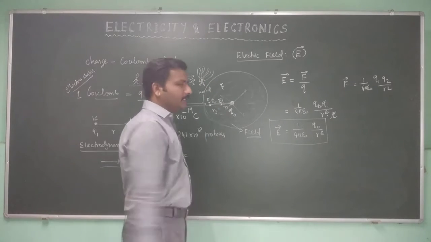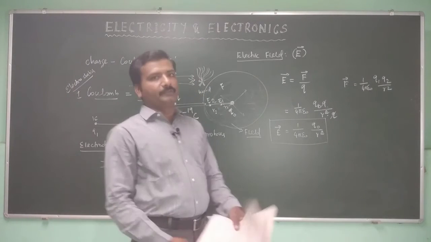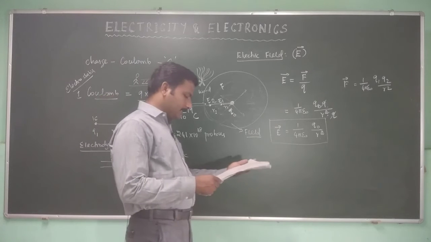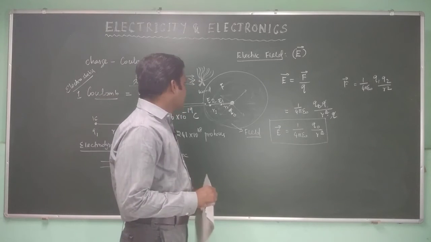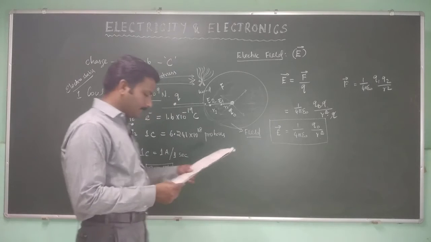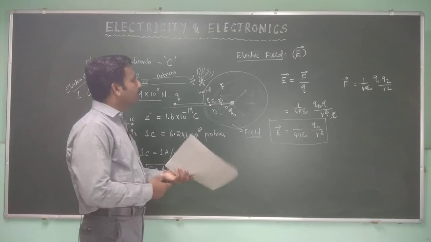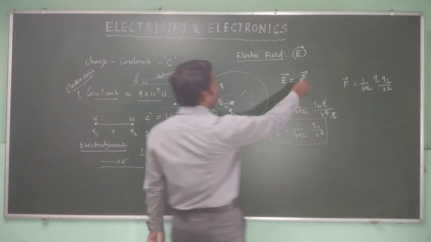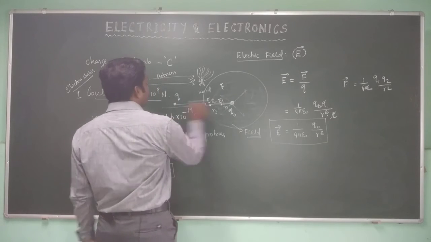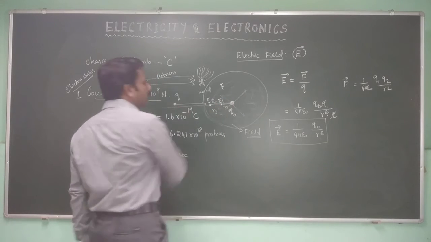This decrease will be in terms of the square of the distance. So this is how you can understand the electric field. So electric field is nothing but the force acting on a moving charge.